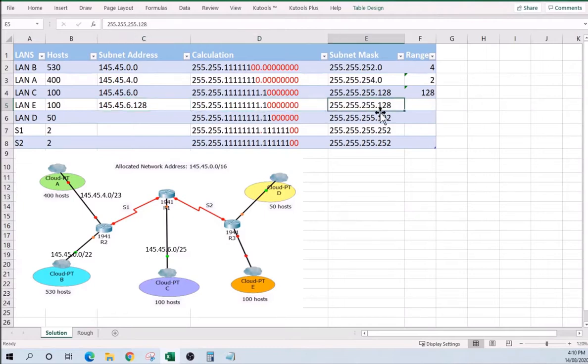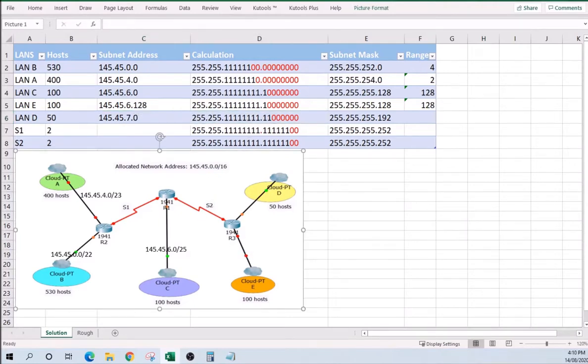So the subnet mask would be 128 at the 4th octet, and the range would be 256 minus 128, which would come to 128 again. That means network E would be expanding from 6.128 to 128 more, which would be 145.45.7.0. Okay, so let me write down this address for LAN E first.